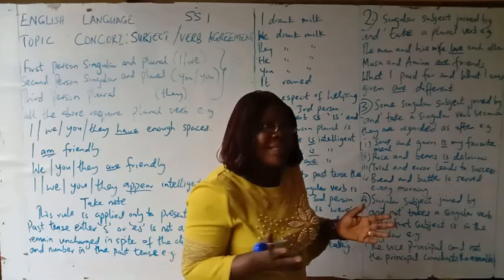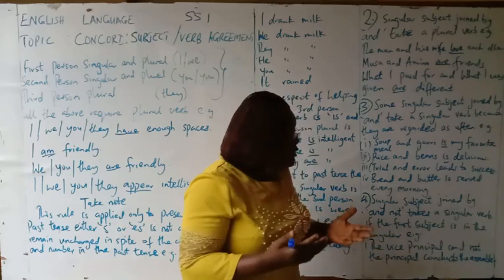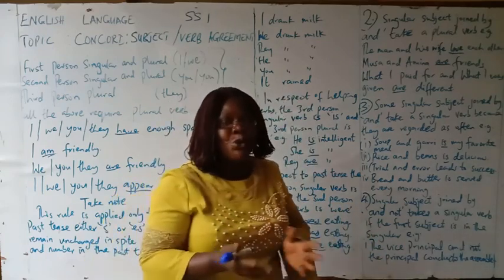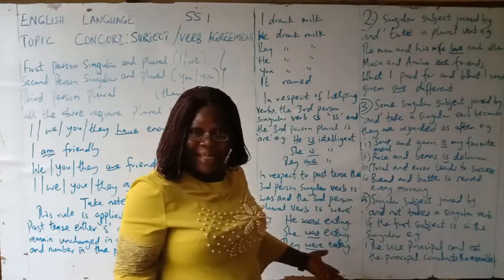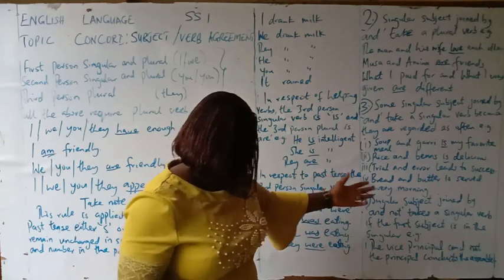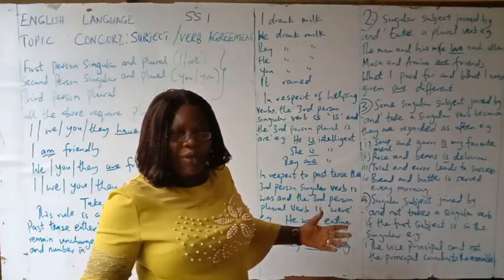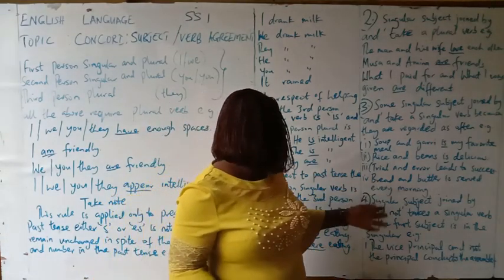Some of them will still take a singular verb if they are regarded as one, or they are often used together. For example, bread and butter go together, you know that? Bread and butter is served every morning, not "are served". They are not different. We see them as one. Bread and butter is served every morning.